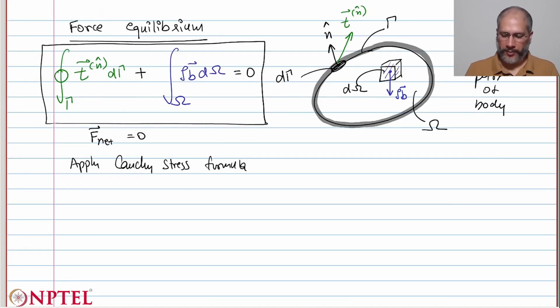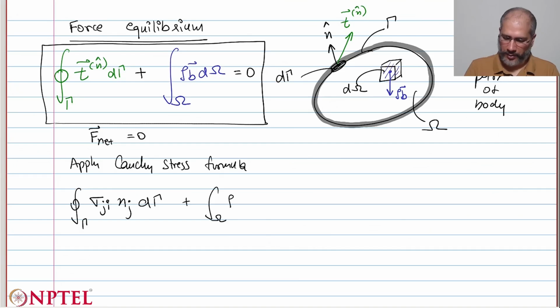So this allows me to write the traction vector at the n hat as sigma ji times nj times d gamma. And then you have the volume integral, which stays as it is. So now I've written this in the indicial notation.